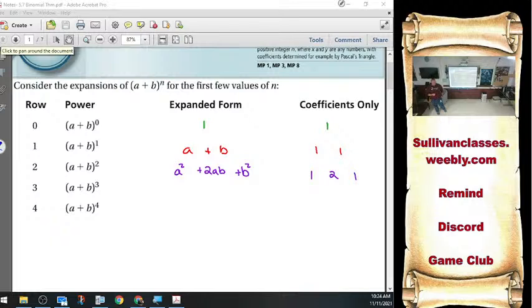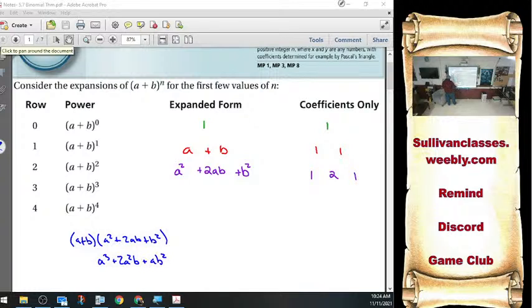Distribute it out. I'll write it down here, but I'm going to erase it. A plus B times: A times the stuff is A cubed plus 2A squared B plus AB squared.